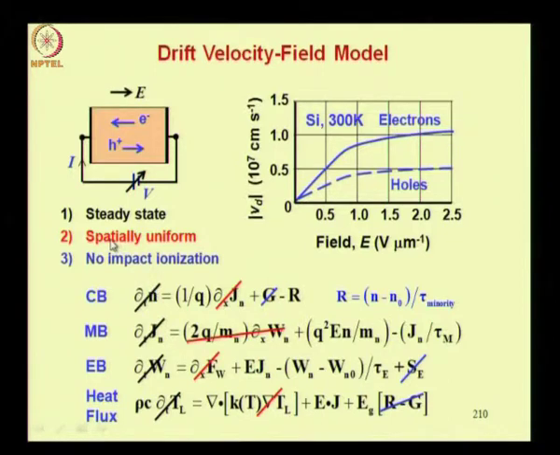Since it is spatially uniform, the spatial derivatives have dropped out. This is shown by the red crosses here, because spatially uniform is shown in red color, the steady state is shown in black color. And then no impact ionization, this means there is no generation, excess generation of carriers.